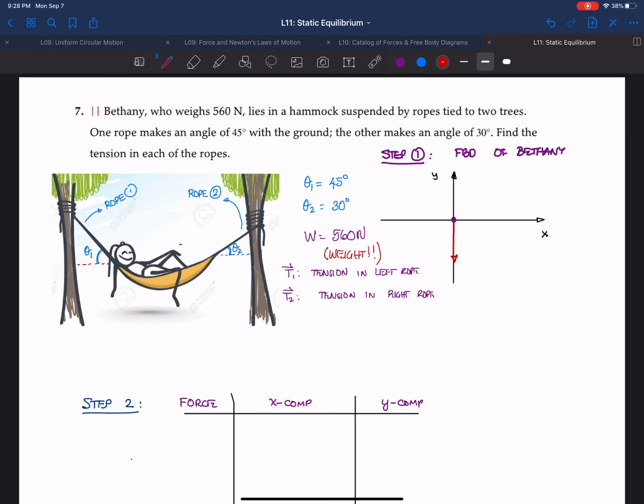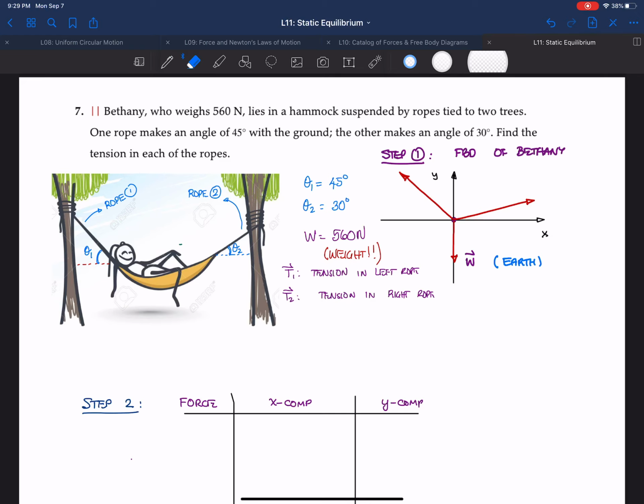Okay, and then we have the two tensions, and I'm going to draw them so that it is quite clear that the angles are different. So that is the weight, and just to remind you, that's the force that the Earth is exerting on Bethany.